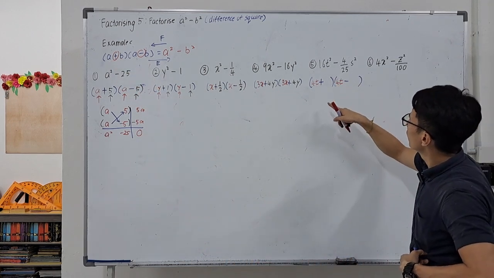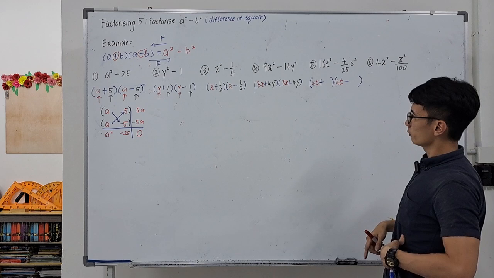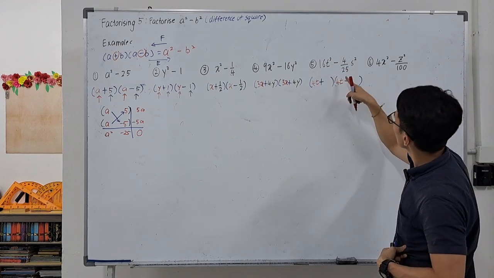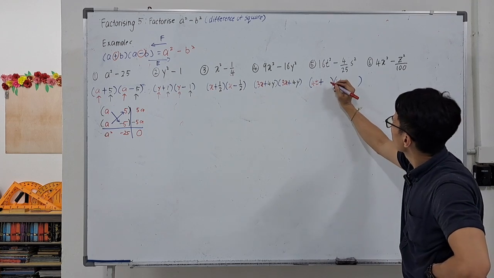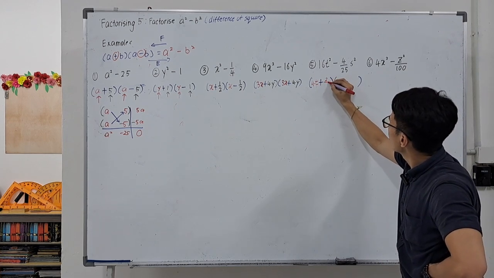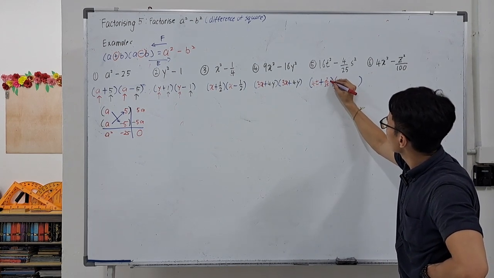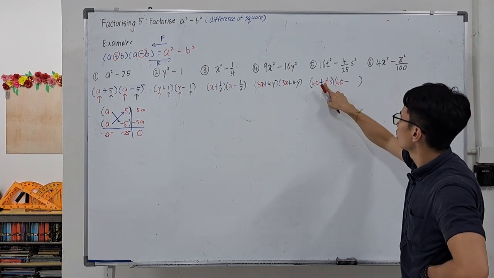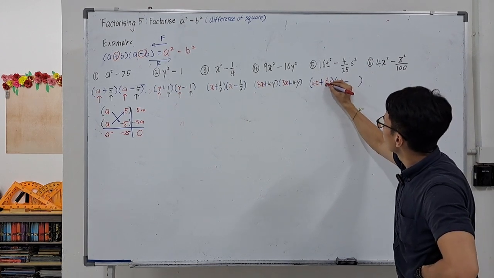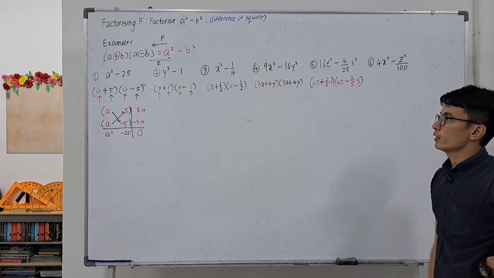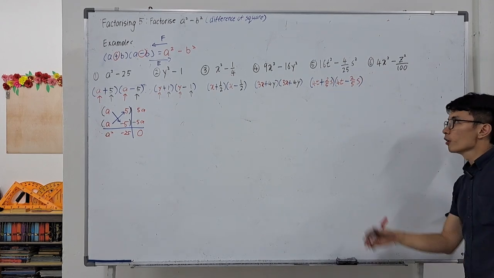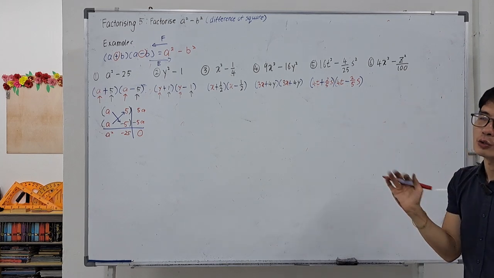And then what about this guy? So this guy over here, I'm going to get 2 over 25s, alright? Sorry, not 2 over 25. 2 over 5s, and this should be 2 over 5s as well. Okay? Done factorizing.